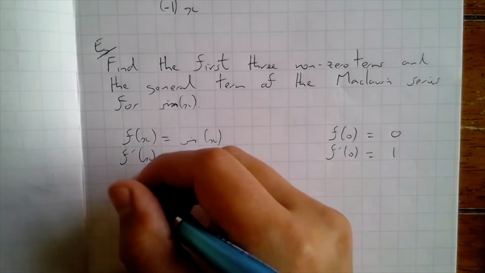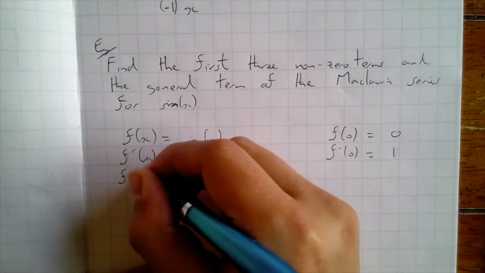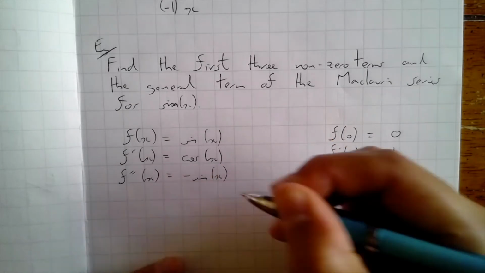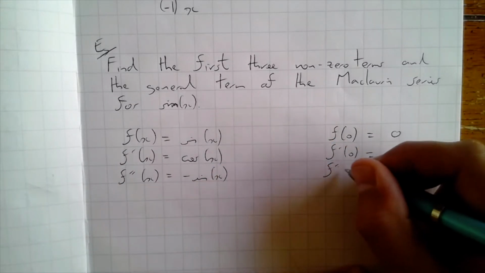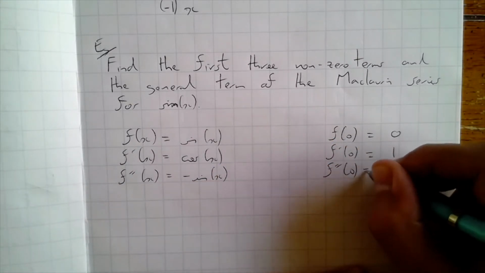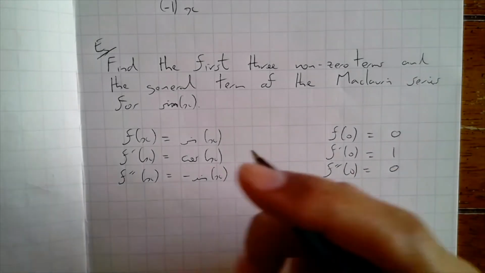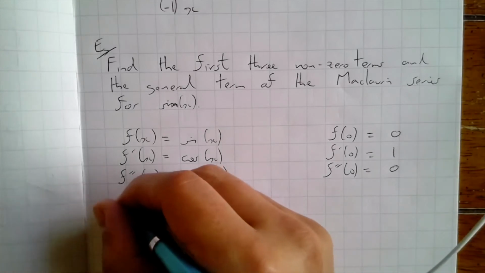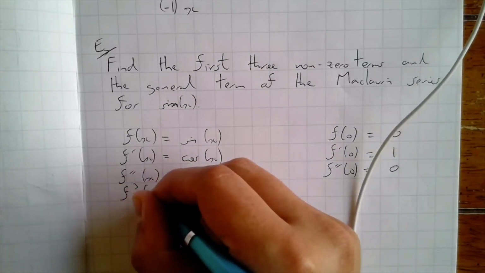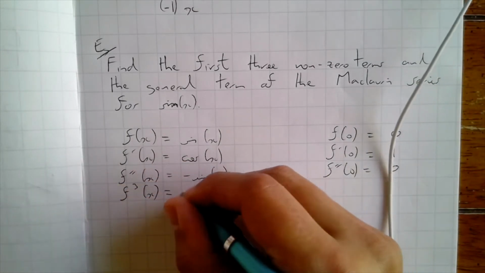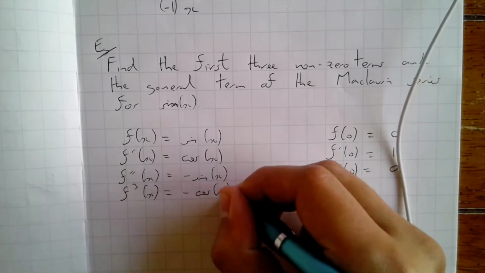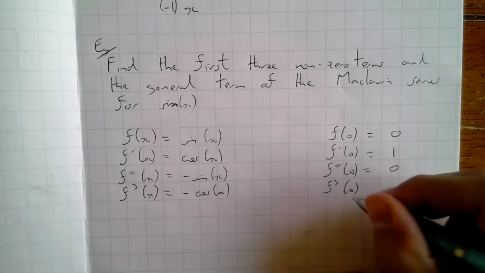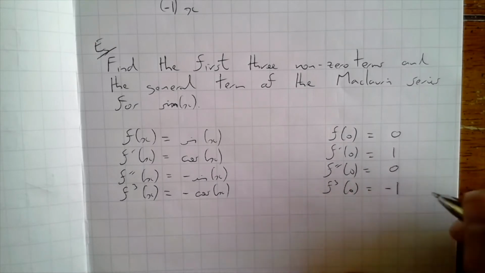If I now differentiate cos, I'm going to get minus sine x, and evaluated at 0 gives me 0. If I differentiate minus sine x, I get minus cos x, so f differentiated 3 times gives me minus cosine x, and evaluating that at 0 gives me minus 1.